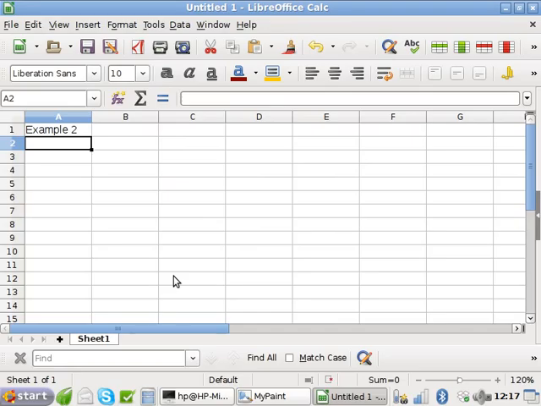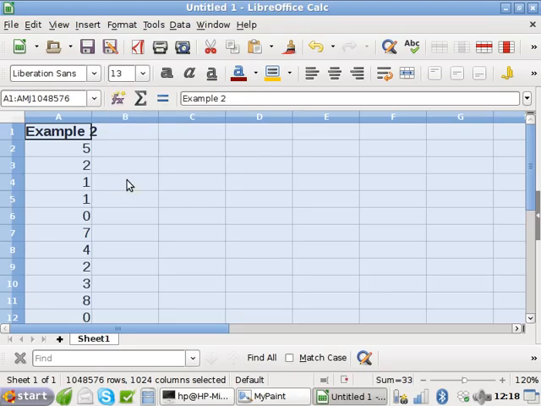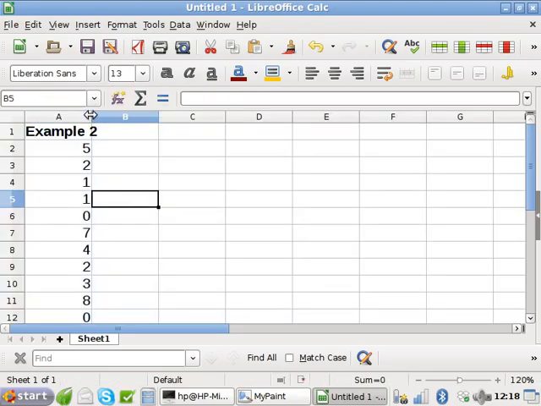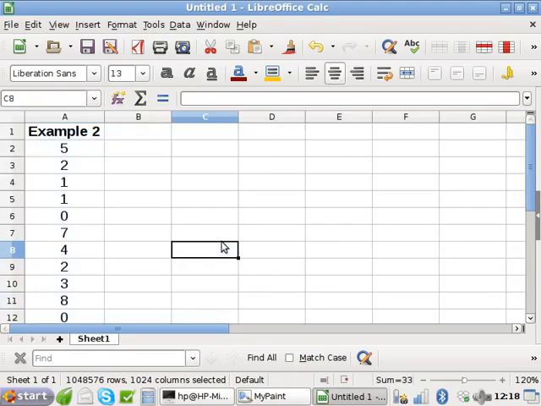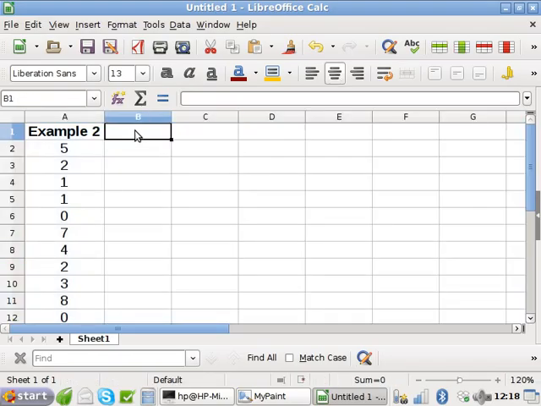So let's put in 11 numbers. 5, 2, 1, 1, 0, 7, 4, 2 again, 3, 8. Right, so example 2. Okay, so write this one down, please.